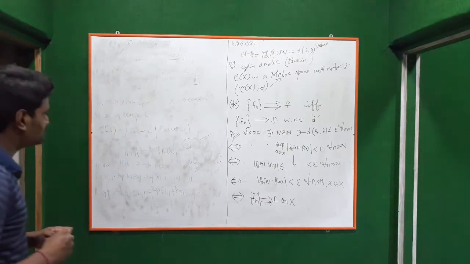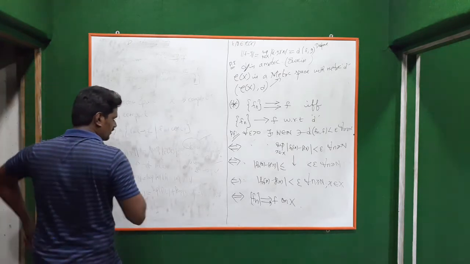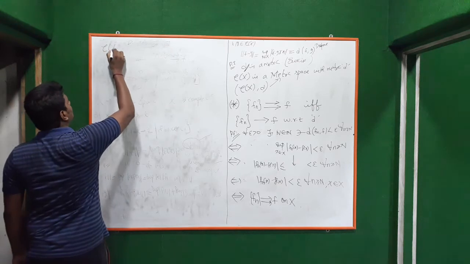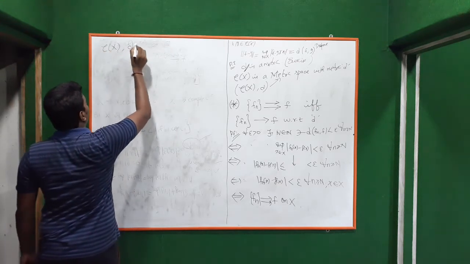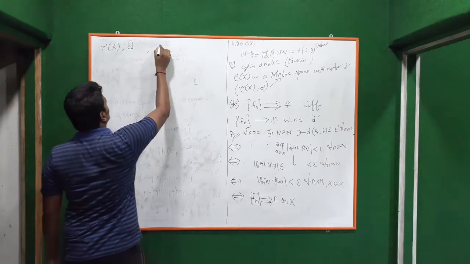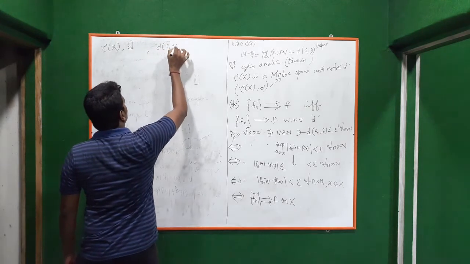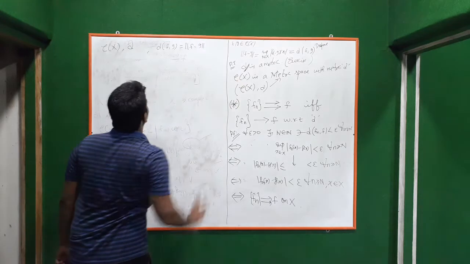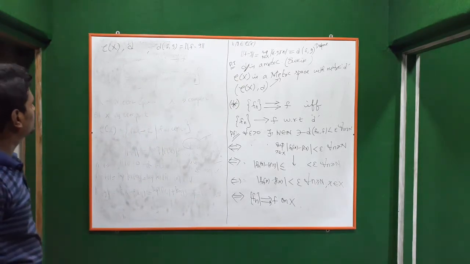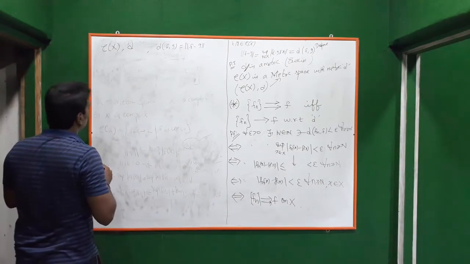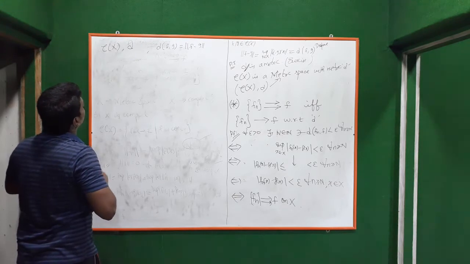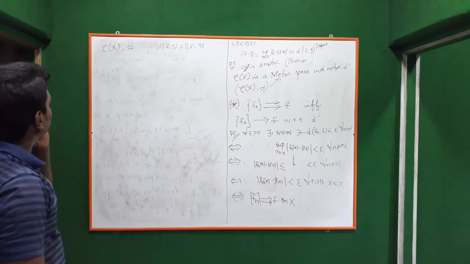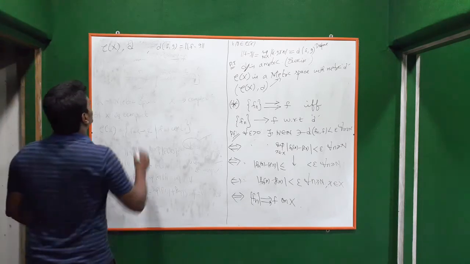Now, so we have what is this? We have a space C of X with a metric D on it. D of f comma g is norm f minus g, which is given by this metric. Okay, this we have. Now, we're going to tell you something about this norm.